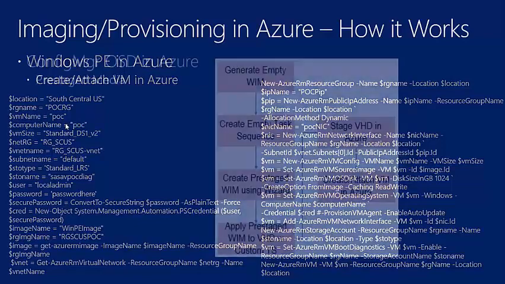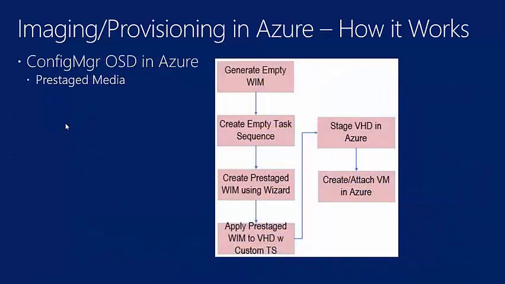So what about ConfigMgr OSD in Azure? Shifting gears here for a minute, we're going to use the pre-staged media approach, but we're going to do it in a bit of an inventive way, right? Before we even get into the flowchart, there's a couple of things that the pre-staged media approach will require.